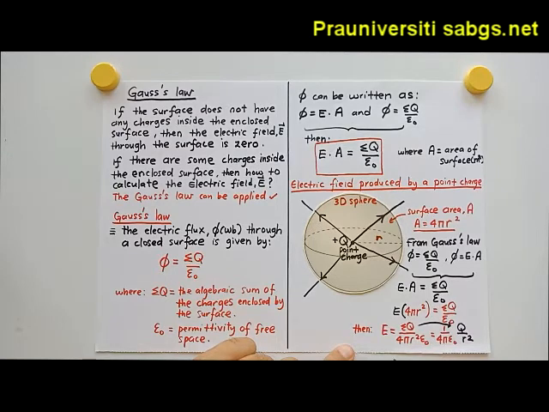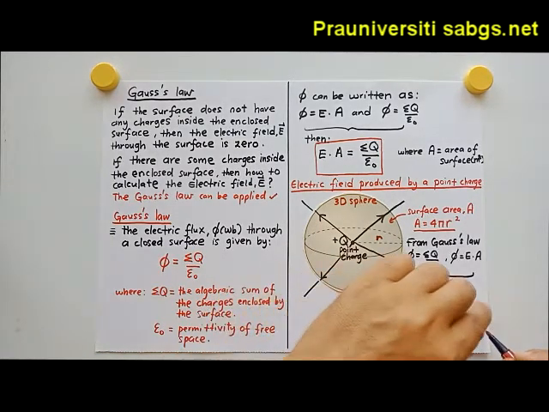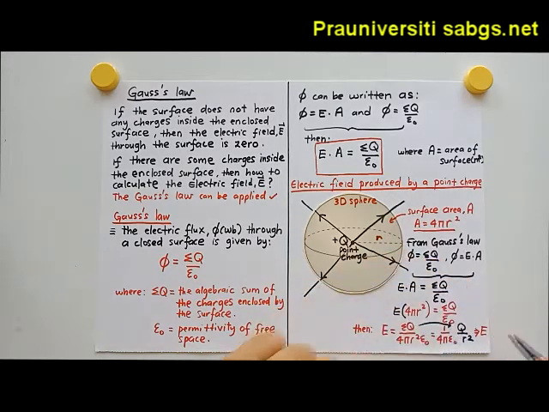Then we can have the equation E is equal to KQ over r squared, where K is equal to 1 over 4 pi epsilon naught.